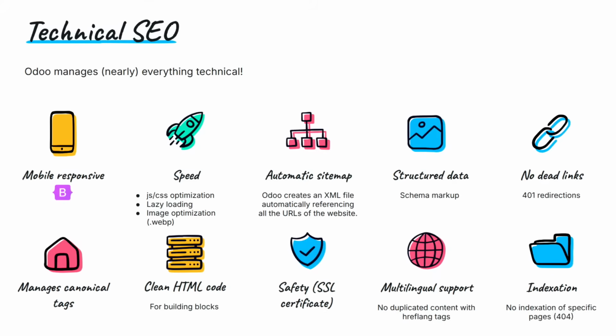When it comes to multilingual support, most websites have more than one language. Whenever you have more than one, Odoo uses what we call the hreflang tags, meaning that instead of considering those as duplicate pages, it will add the tag and give the information to the search engine that this is the same content but in another language.